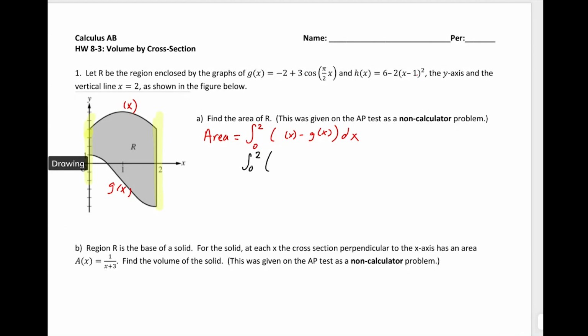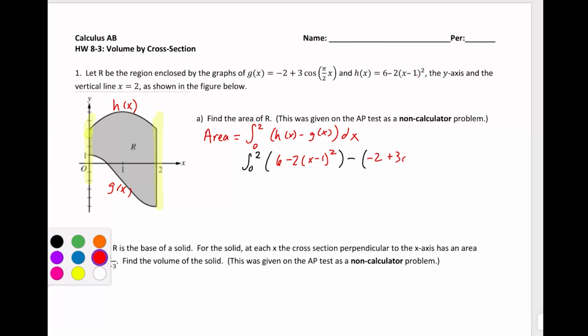My mistake. That's h of x. Read that way too fast. Okay, so h of x is 6 minus 2 times x minus 1 squared. And then g of x is negative 2 plus 3 cosine of pi over 2x. So we're going to have to throw in a dx after all that.